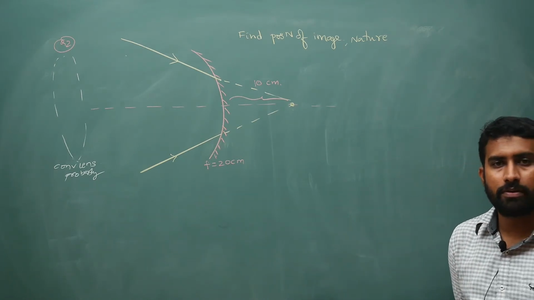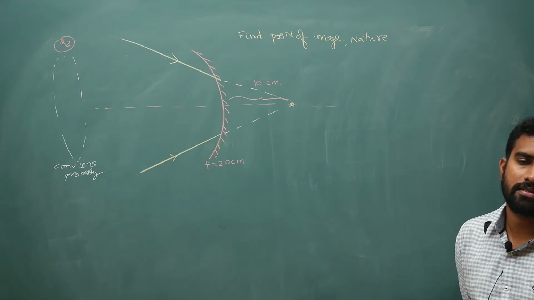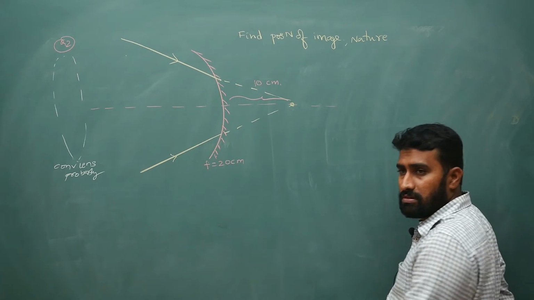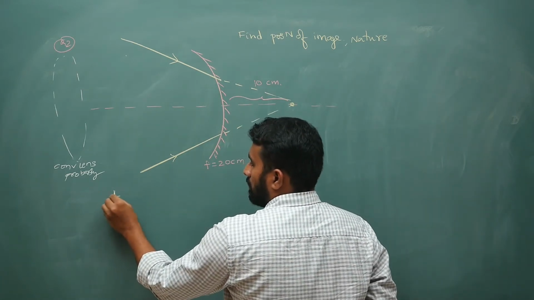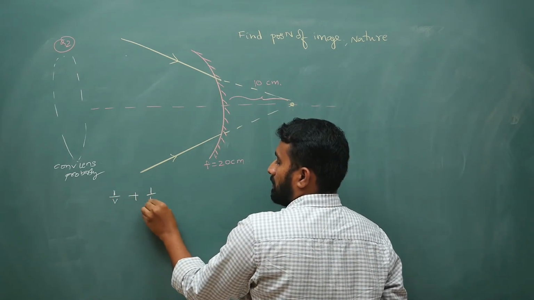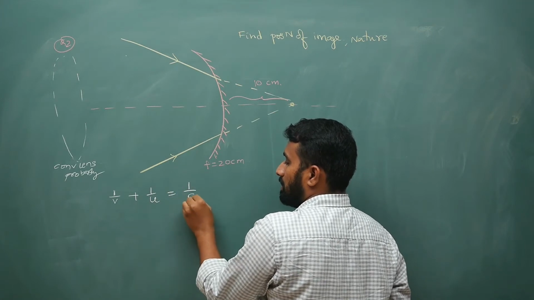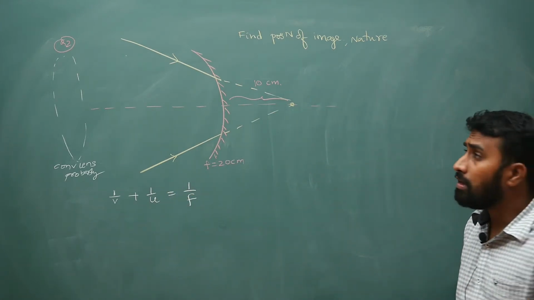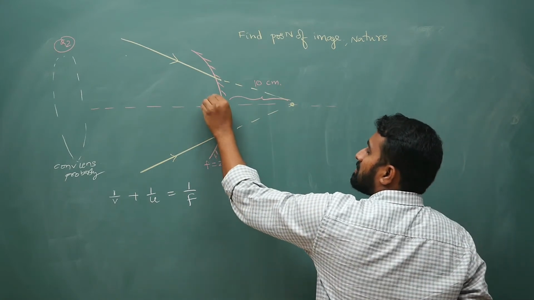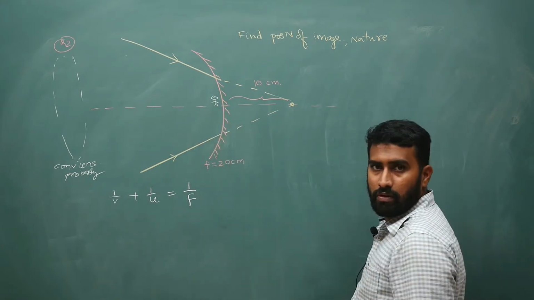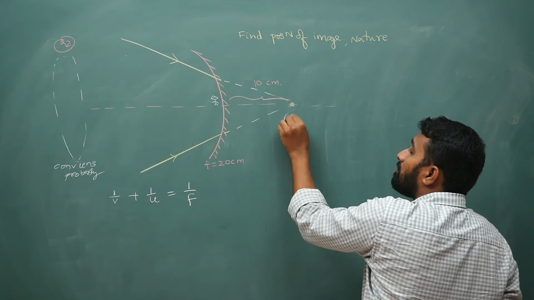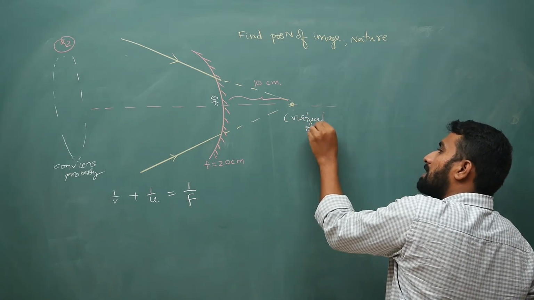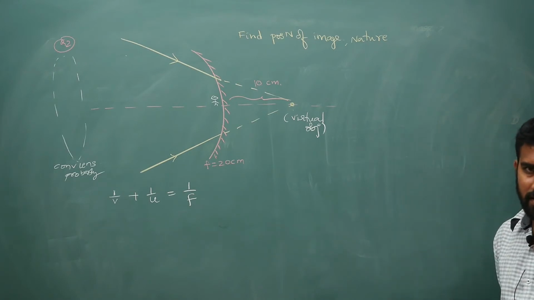Continuing ahead, hope you have paused the video and tried the answer. Alright, next. Let us stick to 1 by v plus 1 by u is equal to 1 by f. Now, observe carefully. In measuring the distance from the pole, here this is your virtual object, your mirror is in the path of converging rays.